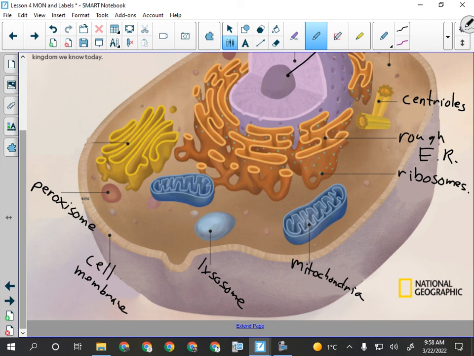Okay, and then the yellow thing was the, oh, we got smooth ER here. Oh, it's not labeled, but we'll get to it. What's the yellow thing? Golgi apparatus. And for some reason, there's no arrow coming off of this, so we'll make one.